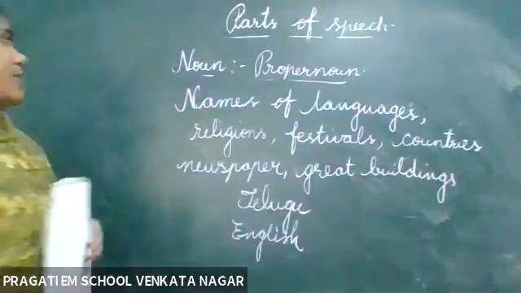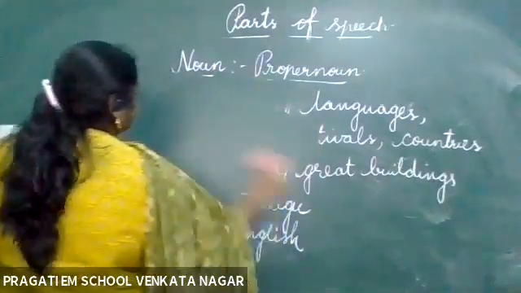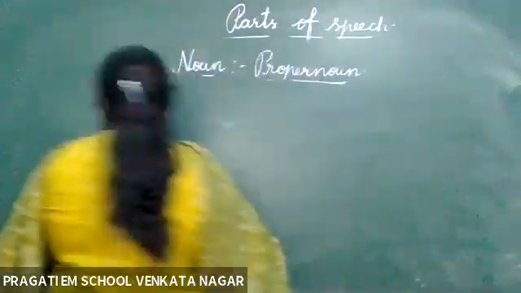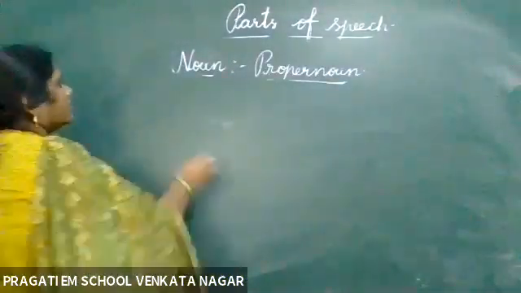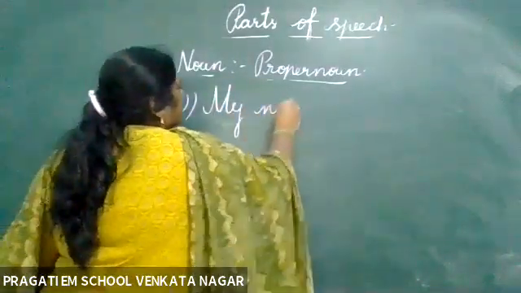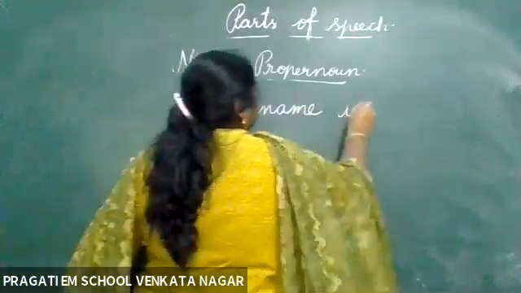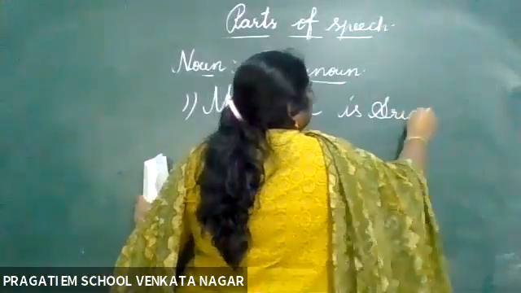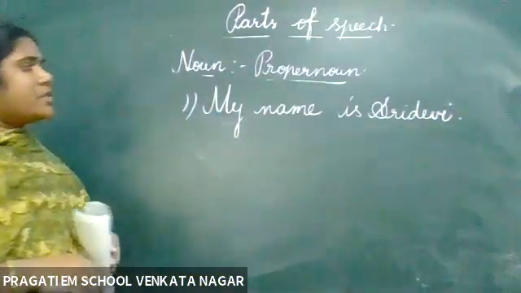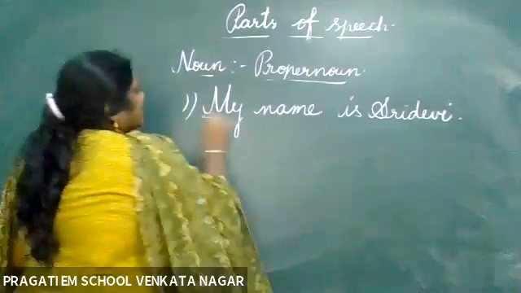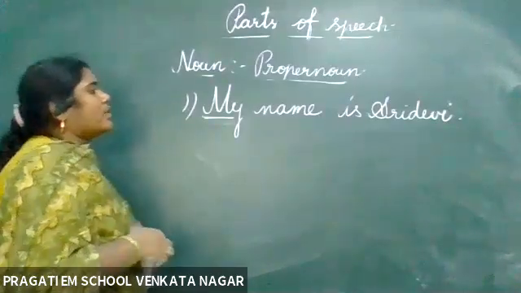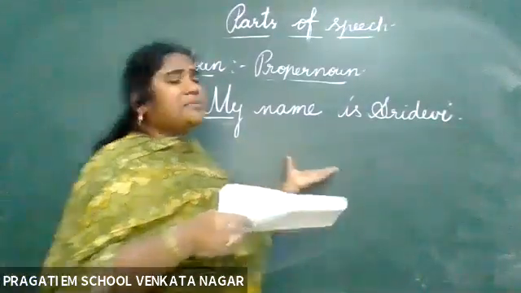For example, see one more example I'll give you. I wrote my name here. My name is Sridevi. At the start of the sentence, M is a capital letter, and after that the remaining letters are small letters only.